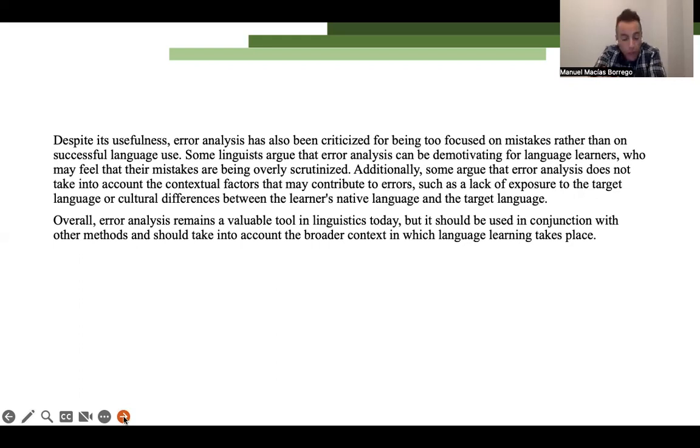All these drawbacks, I think, have been taken into consideration with the lesson plan proposed and have been overcome, in my opinion. So overall, we can say that error analysis remains a valuable tool in linguistics today, but it should be used in conjunction with other methodologies and should be taken into account inside the broader context in which language learning takes place.